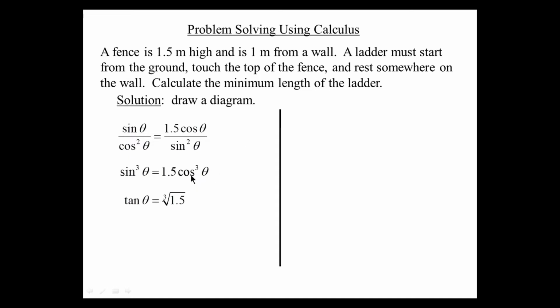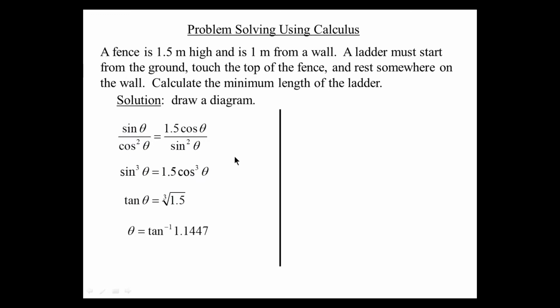How? Well, you see, if we put the cos cubed underneath, we got sine cubed over cos cubed, and that's tan cubed. And so 1.5 equals tan cubed, and so tan, not cubed, is equal to the third root of 1.5. Do the algebra for yourself.